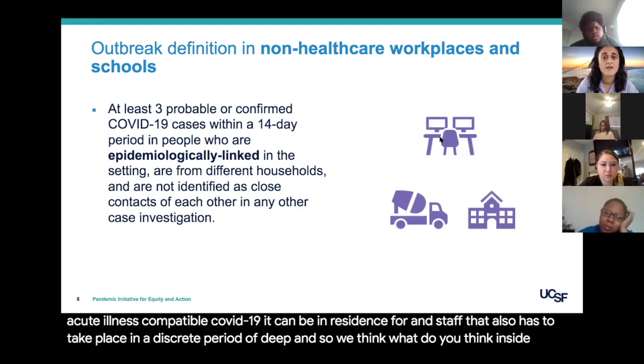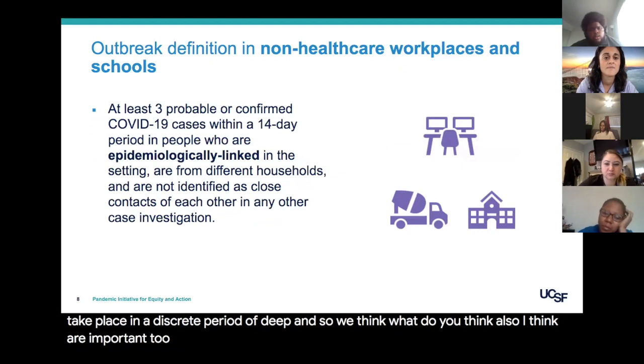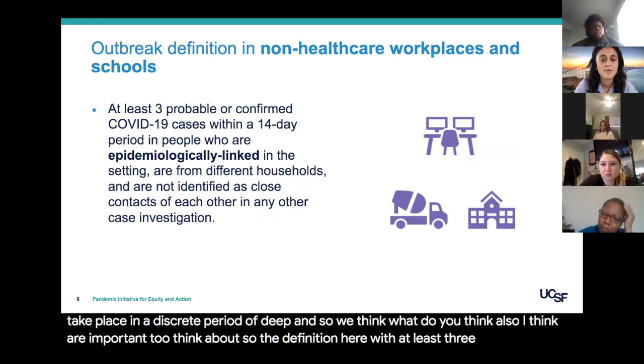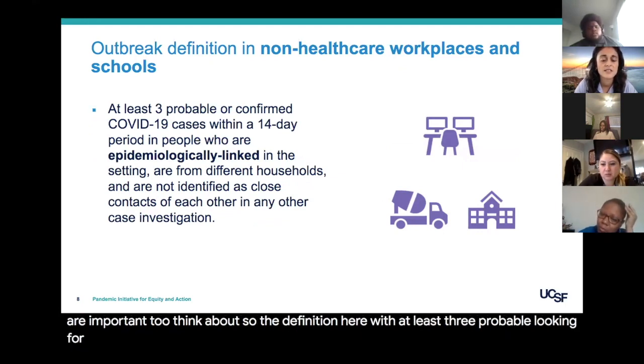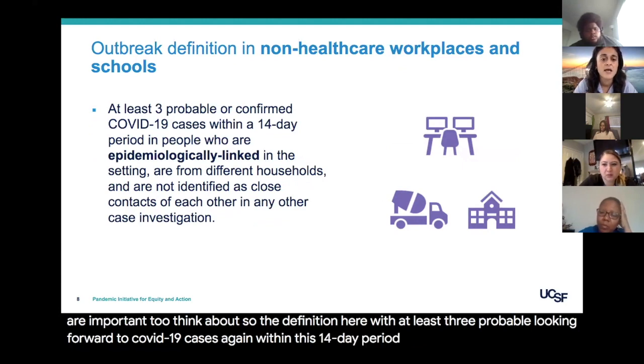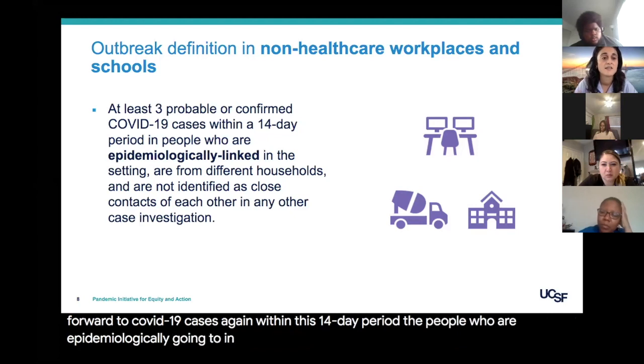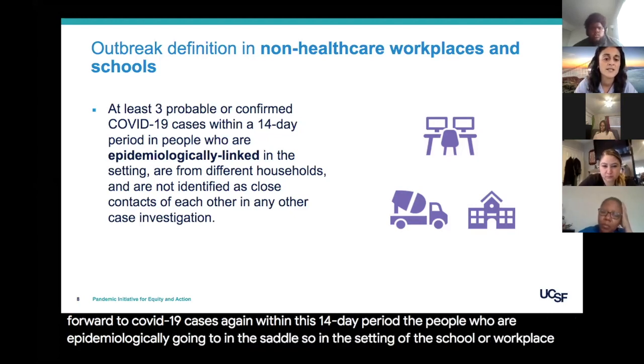Schools, I think, are important to think about. So the definition here is at least 3 probable or confirmed COVID-19 cases, again within this 14-day period, in people who are epidemiologically linked in the setting, so in the setting of that school or workplace.